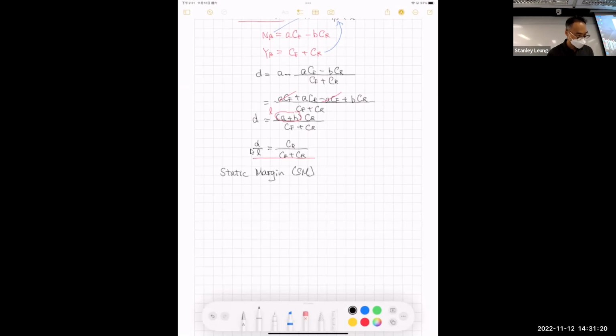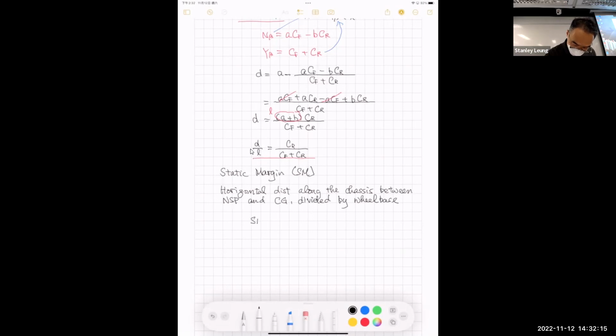It is the distance along the track between NSP and CG, divided by the wheelbase.